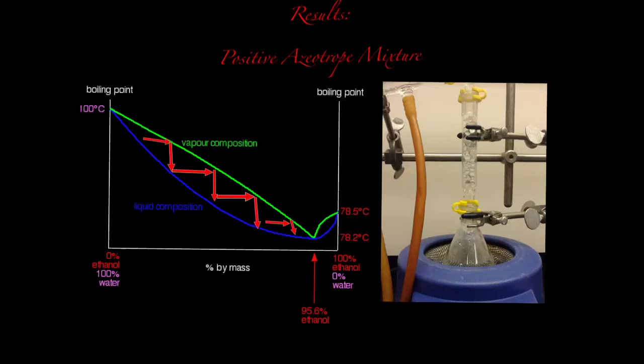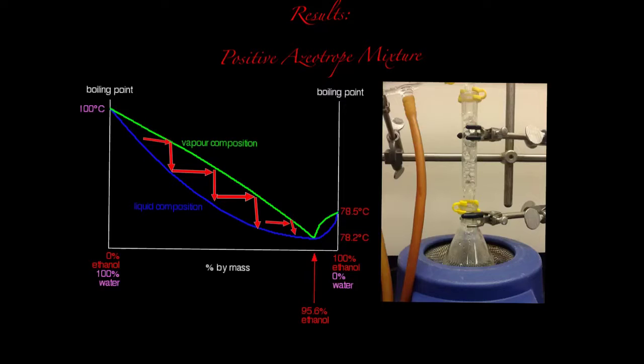We notice here that if we were to be at the original point here, our ethanol composition would be maybe about 20%, whereas it travels into the vapor composition, it increases maybe up to 30%.